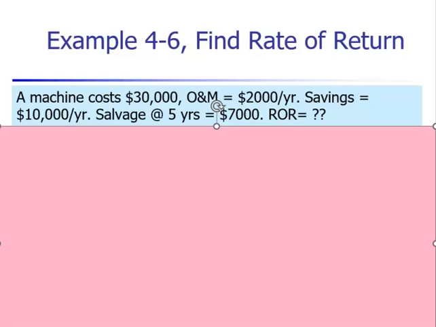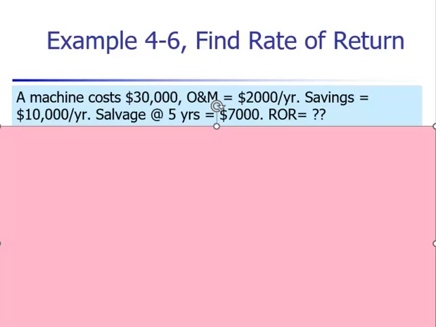It is asking you to calculate the rate of return. What is the rate of return for this investment? You buy a machine for $30,000. It costs you for maintenance and oil $2,000 per year.